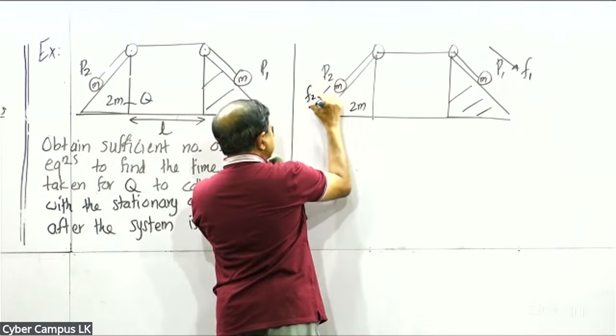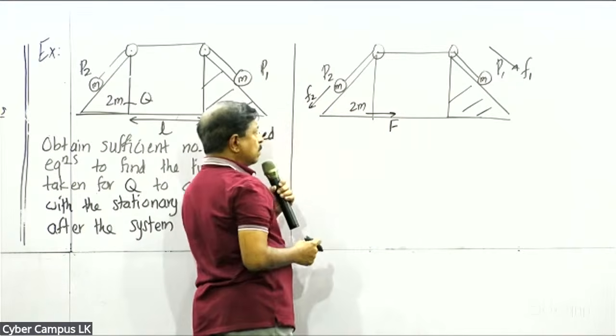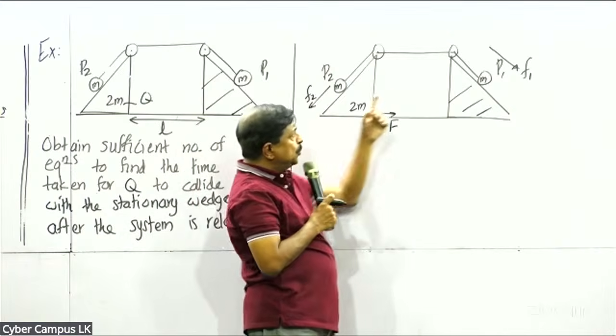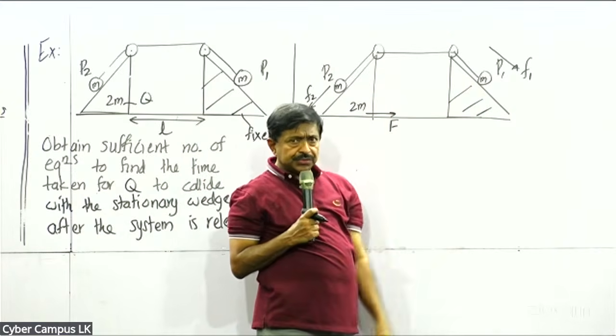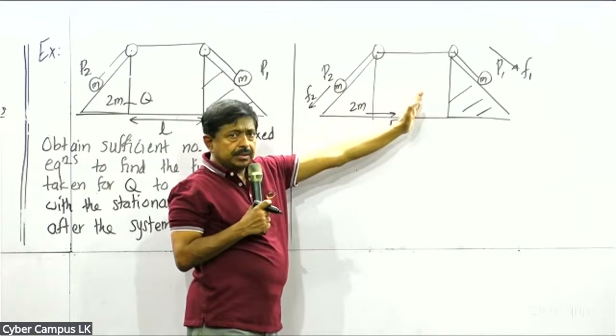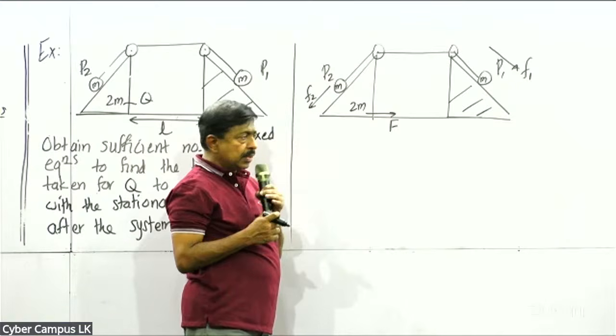This is an acceleration related to 2m. Now, even though these two are attached to the two ends of the string, this is moving. Therefore, F1 is not equal to F2, right?